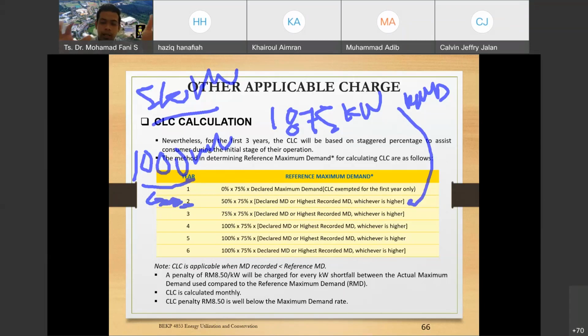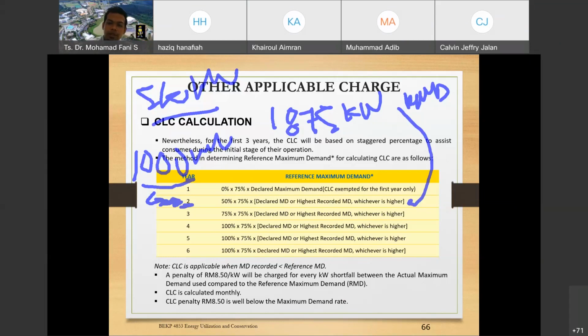For example, a new building has been developed, and in the second year the ramping for the workers is only 50%, and the system is not fully operating yet. So they only use 1,000 kilowatt for maximum demand.